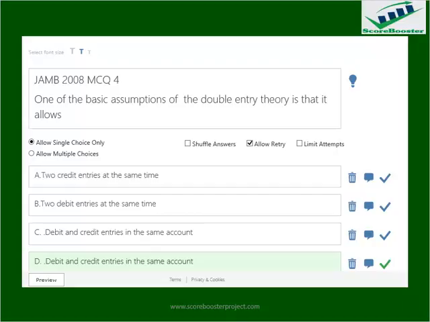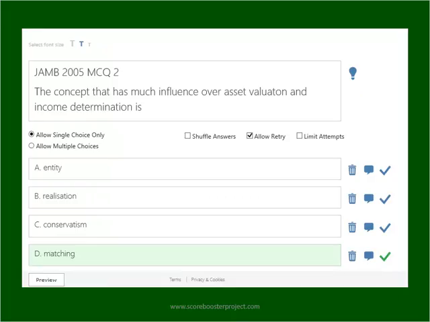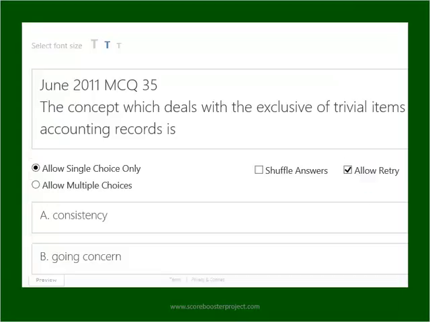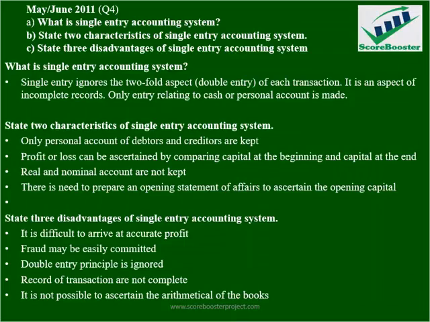You read through, you get your answer. The double entry principle of accounting was developed by who? This question was 2005 JAM. Also in 2005, the concept that has most influence over asset valuation, we also need to look at that one. I've given you all this just for you to be able to appreciate the meaning.